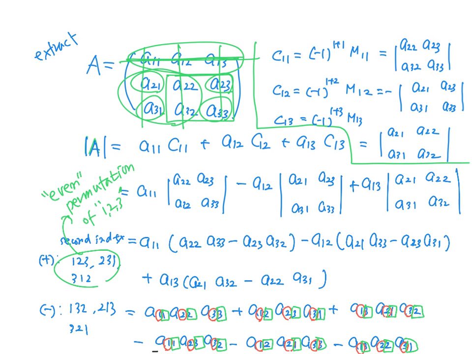You change once, 2, 1, 3. Twice, 2, 3, 1. And then the third time, 3, 2, 1. So this is obtained by interchanging neighboring numbers three times. So this is called odd permutation.